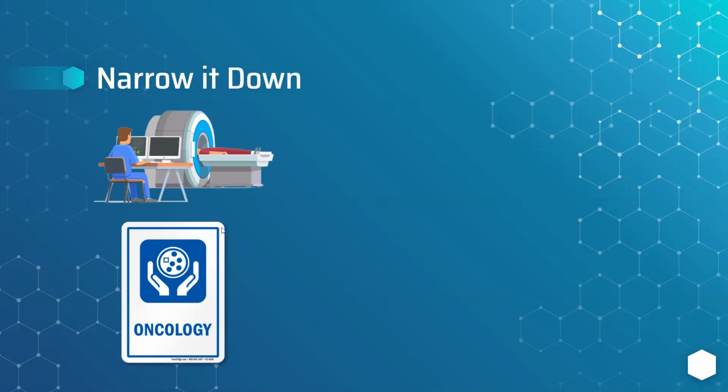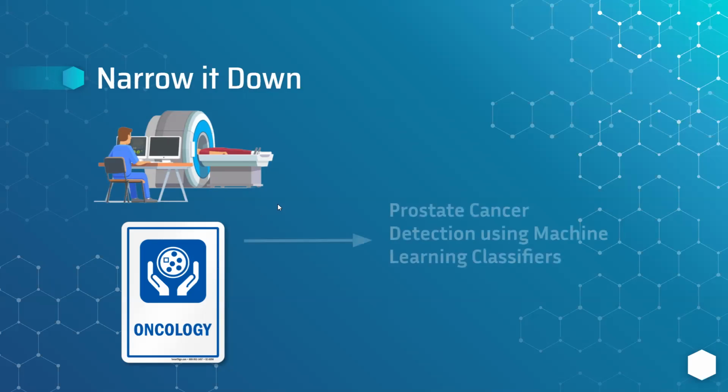So I wanted to see how I could combine machine learning, MRIs, and detection of cancer. So what did I get? I got prostate cancer detection using machine learning classifiers, which was kind of the surrounding umbrella of my research topic. So here you can see it obviously is a lot more narrowed down from the field of bioinformatics, as bioinformatics covers genome sequencing and computer vision and all those different subjects if you would be interested in pursuing.